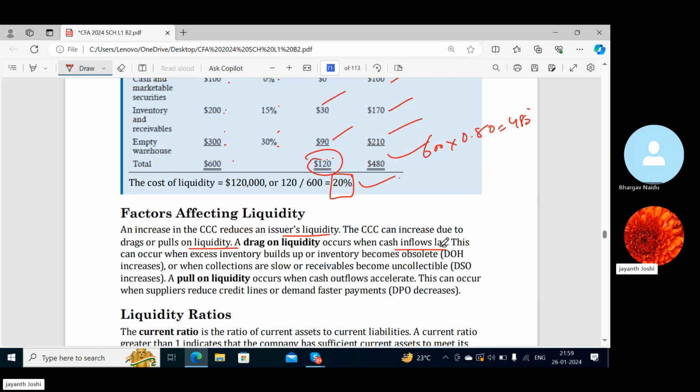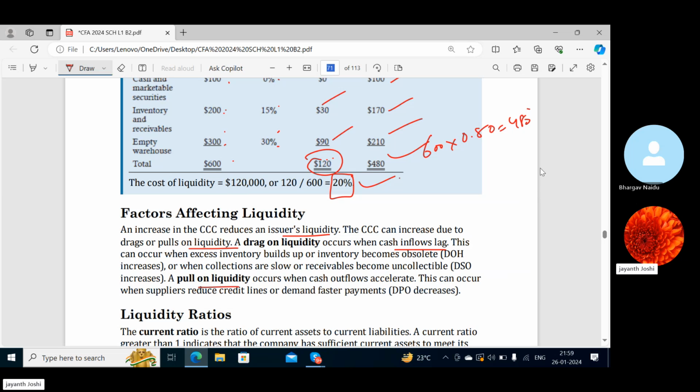This is when customers are taking a lot more time to make the payment to you, or you are not able to sell your inventory sooner, right? So when your collections slow or you are not able to sell your inventory in the market, there are drags on liquidity, and when you are able to accelerate that, the drags on liquidity will be less. Correct?